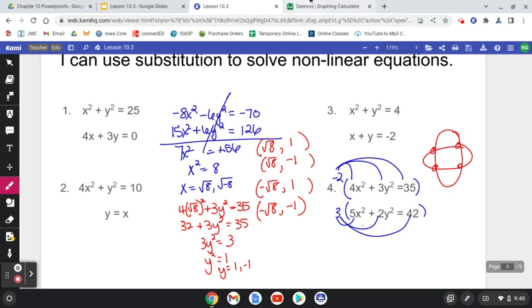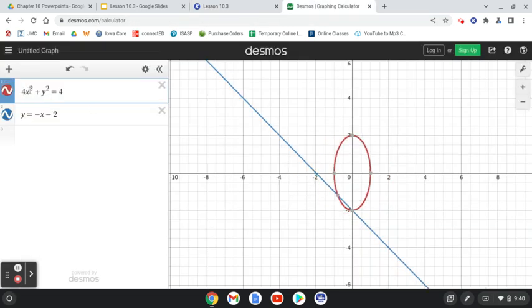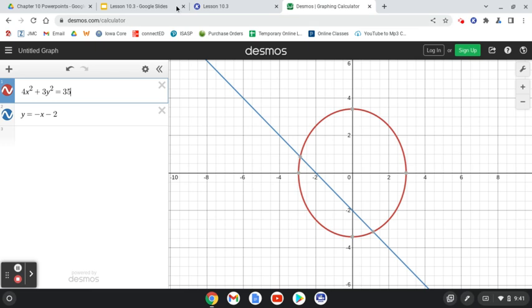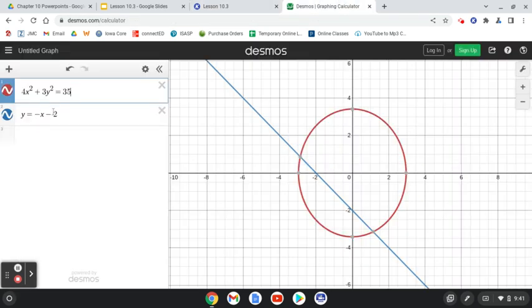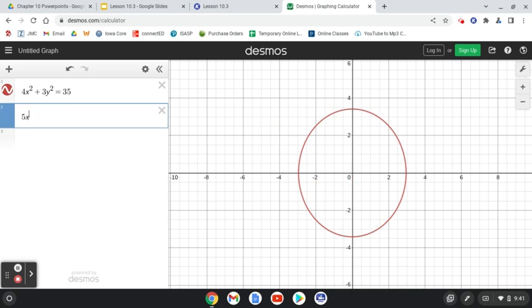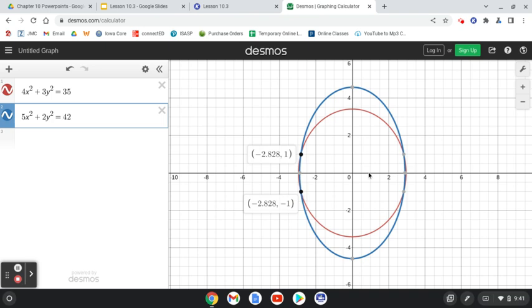So you can see here, they do have 4 intersection points. And again, we took the square root of 8 as 2.8. And so you can see we have all the different combinations of the 4 of them together.